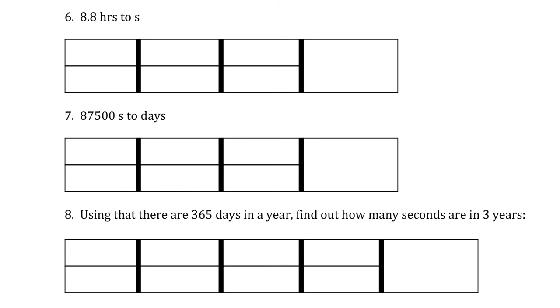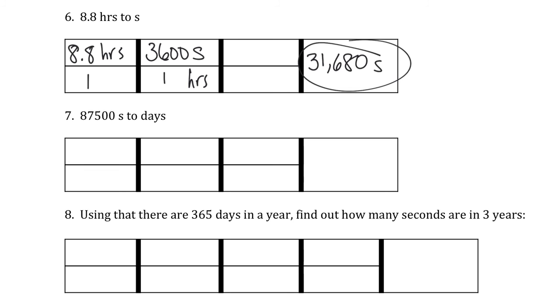Okay, so we're going hours to seconds. So 8.8 hours. And if you actually look, there was an hour to seconds. And we get 31,680 seconds. Cool. Seconds to days.